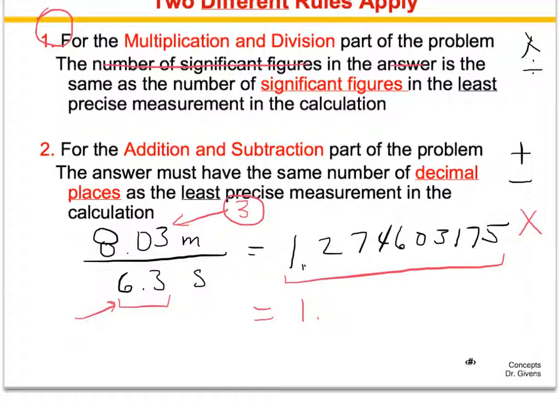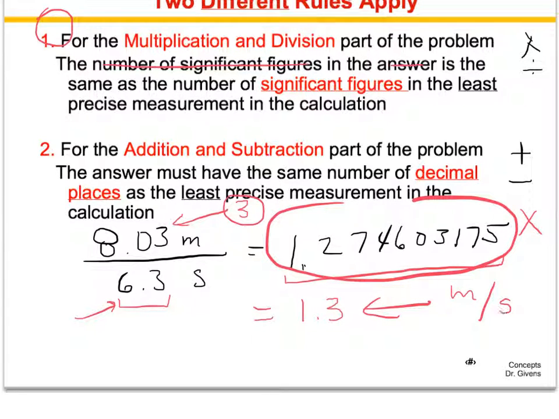So our answer is 1.3, where we've rounded the 2 off to a 3. So this is not the correct answer. This is the correct answer, and of course it has units of meters per second. So let's talk about this a little bit more, maybe work some other examples.